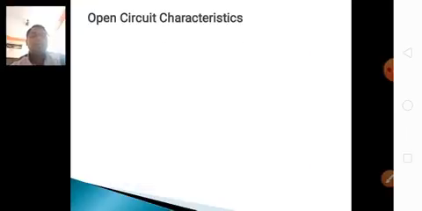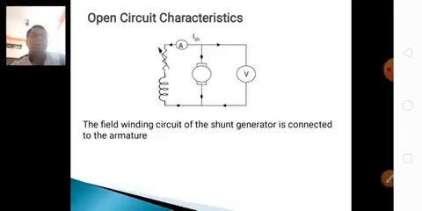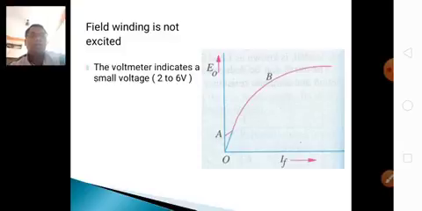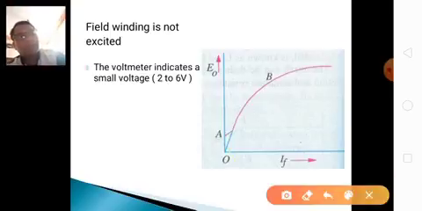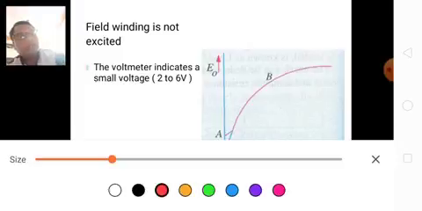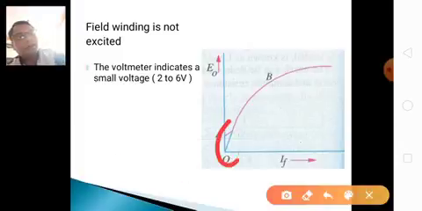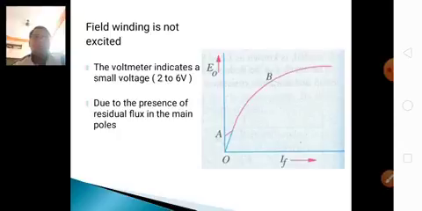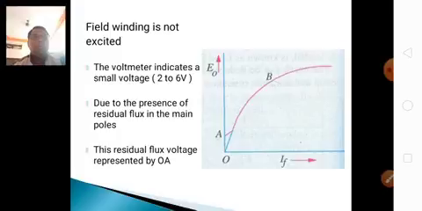These are the diagrams of the open circuit characteristics. The field winding circuit of the shunt generator is connected in parallel with the armature. When the field winding is not excited, the voltmeter indicates a small voltage, that is O to A. This is due to the presence of residual flux in the main poles, and this residual voltage is represented as OA.